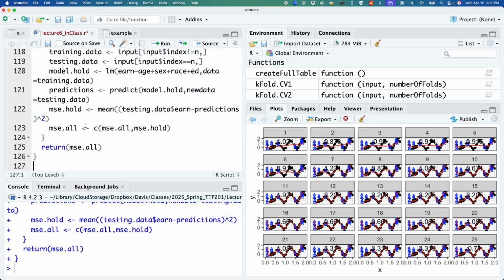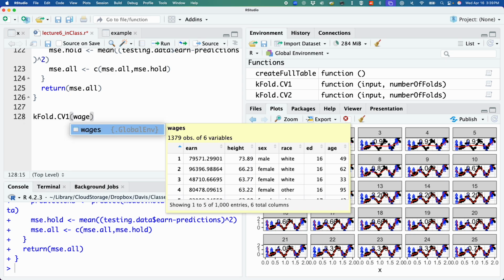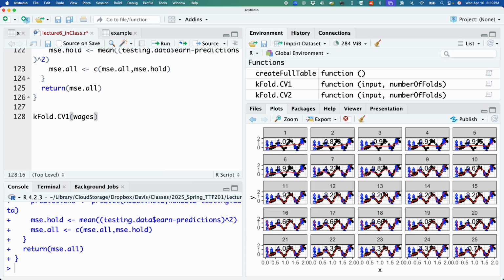Okay, so I run both of those. All right, so let's check it out. kfold.cv1, is it wages or wage? Wages. And then what do you guys want to do? How many folds? 5.